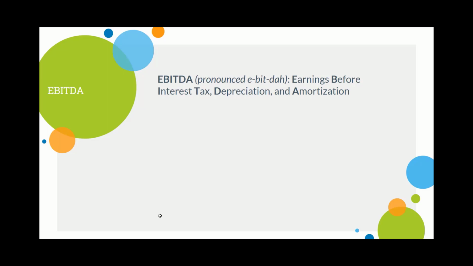All right? EBITDA is earnings before interest, tax, depreciation, and amortization. Basically, we're trying to find out the true profitability of the company by removing items that might be unique to this particular company.